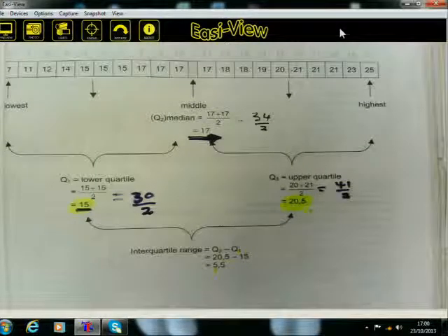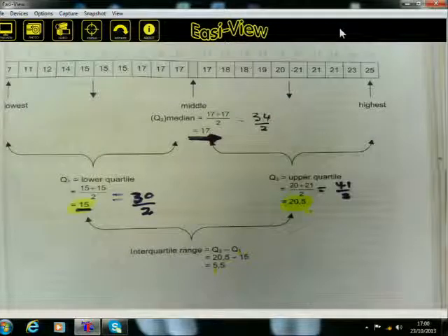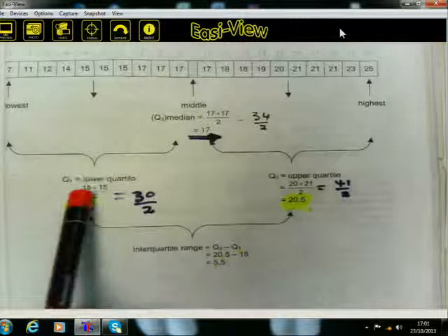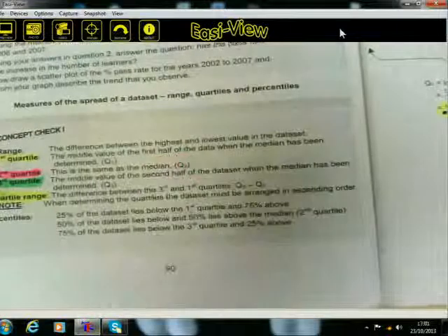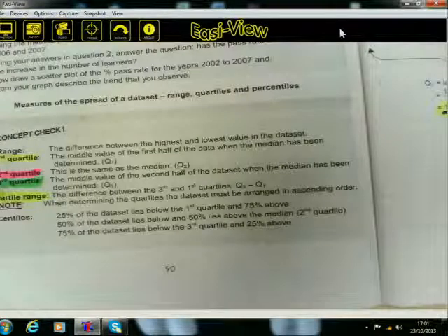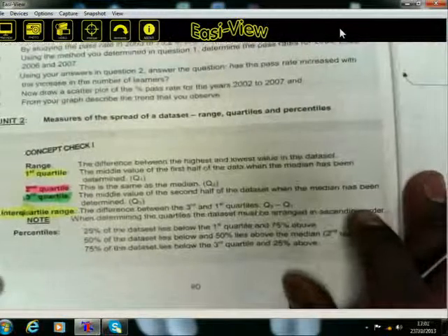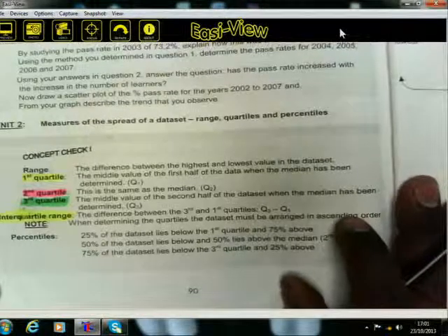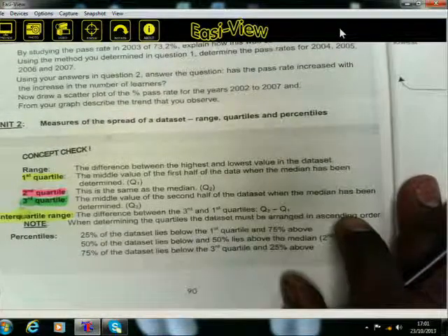Now, if you remember, again, I said to you the first quartile, Q1, is 25% of the data set. Now, we can change that. Let's talk about percentiles, whereas we are talking about the quantiles.